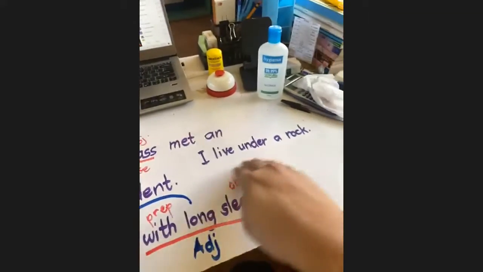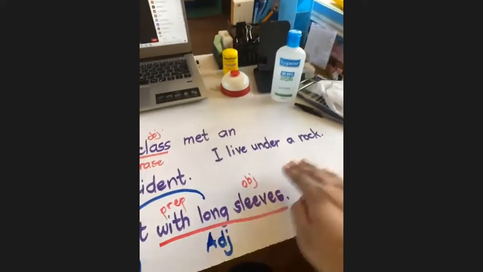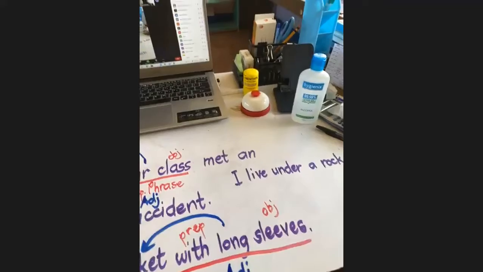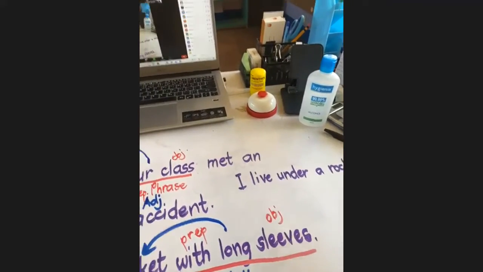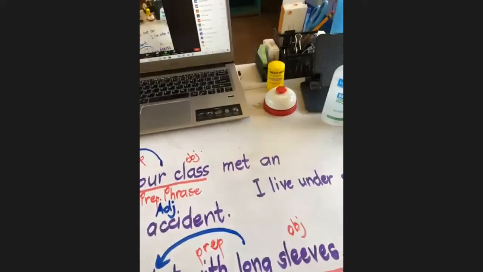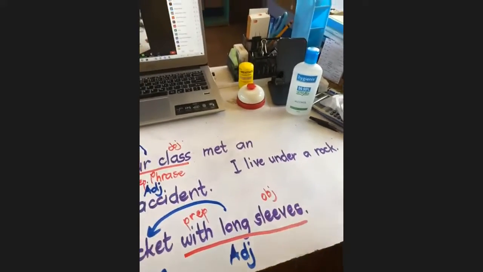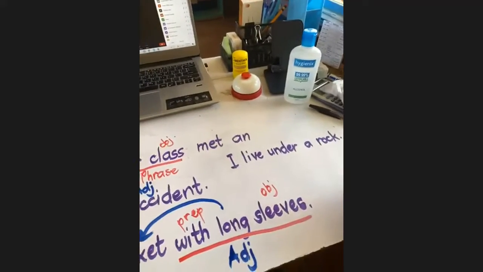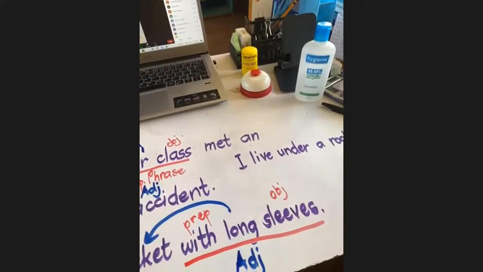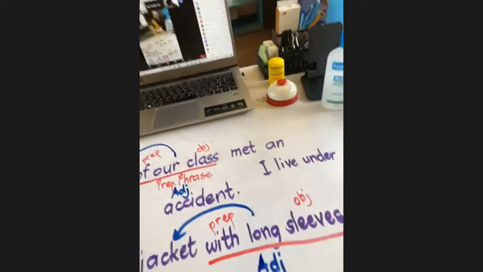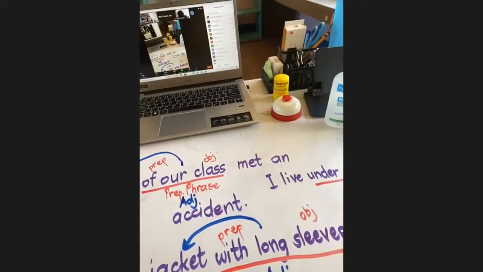"I live under a rock." This sentence does not answer the question what kind or what type. It does not respond to that question. Rather, it looks at the question where. I live where? The answer is under a rock. Is it a prepositional phrase?